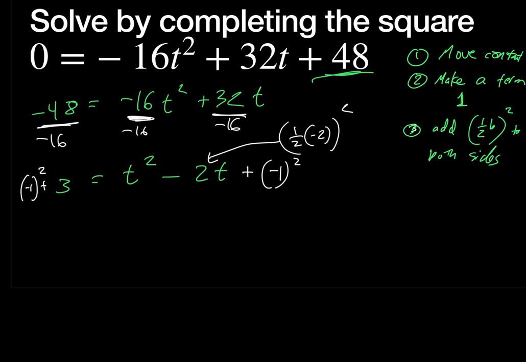I intentionally left it inside the parentheses on the right side because this number is the complete square. What do I mean by that? This will factor to (t minus 1) squared. On the left, I'll actually square it. 1 squared is 1. 1 plus 3 is 4.